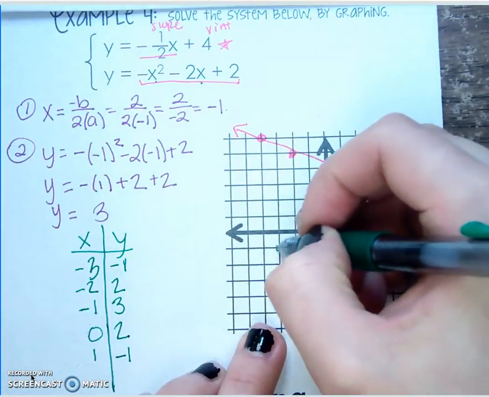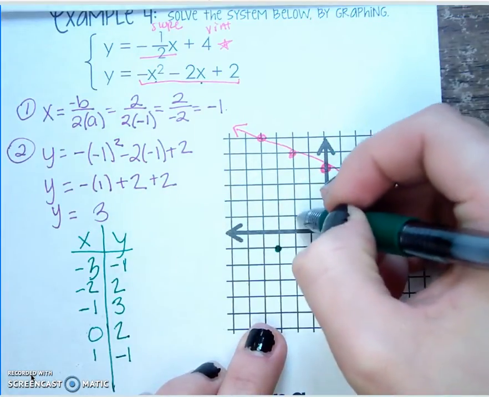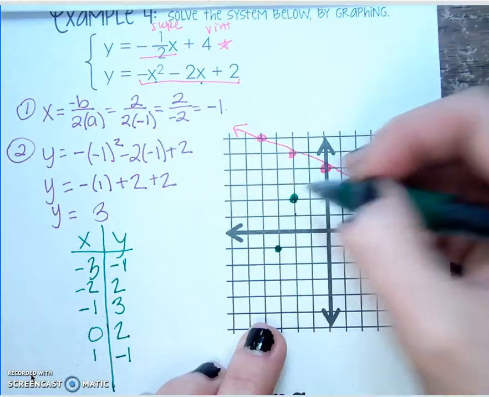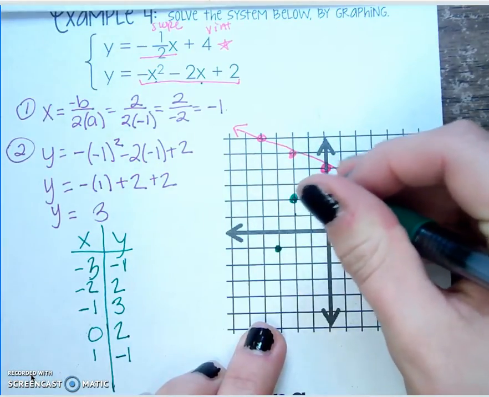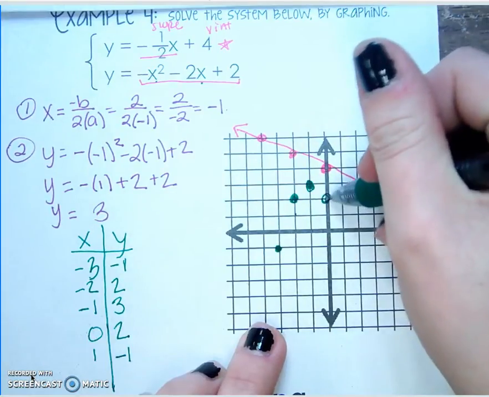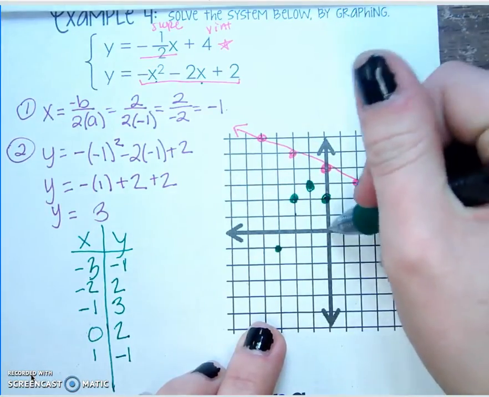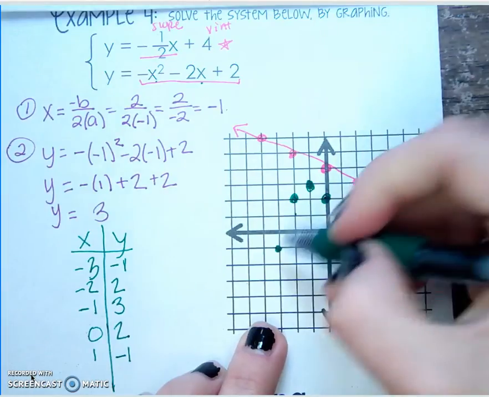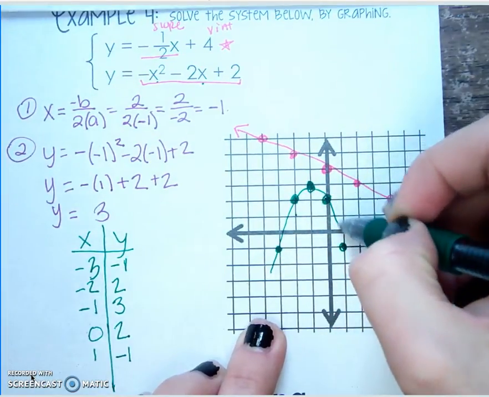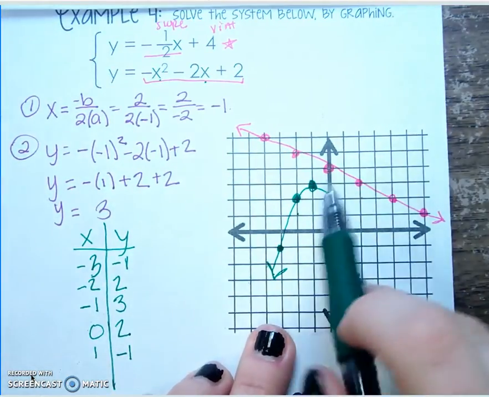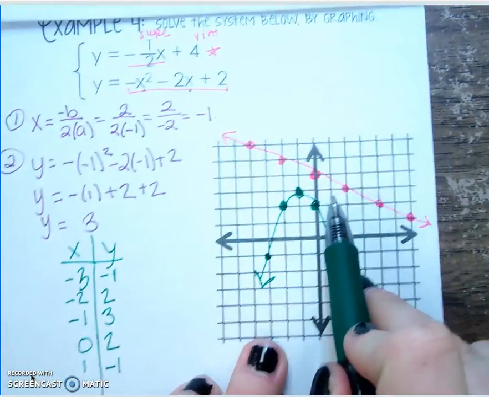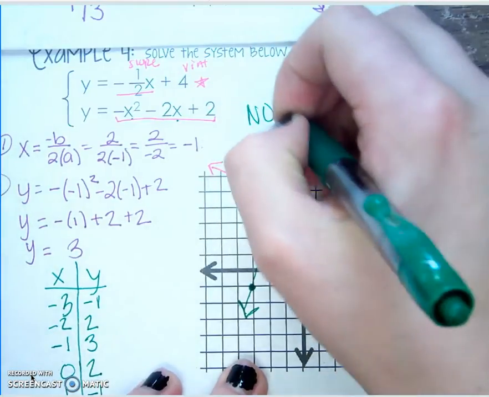Negative 3, negative 1, negative 2, positive 2, negative 1, 3, 0, 2, and 1, negative 1. I notice here there is no intersecting points, so this has no solution.